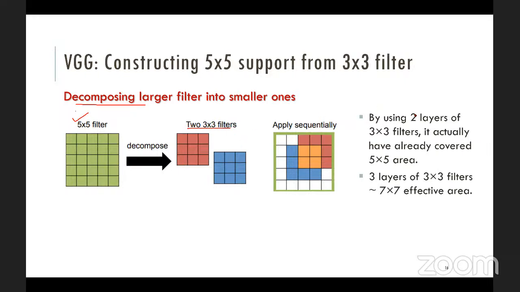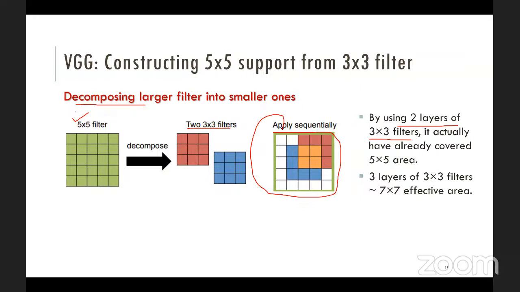Instead of one layer of 5x5, we use two layers of 3x3, and effectively it gives you the same receptive area. Let us say this is a 3x3 filter here, and this another 3x3 filter here. Effectively we are covering this entire 5x5 space, so our receptive field is not changing.